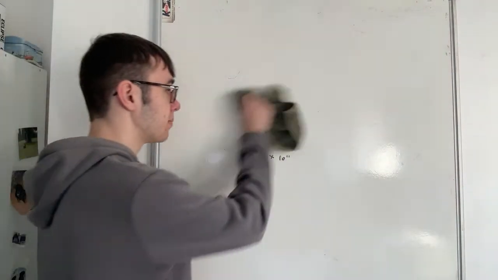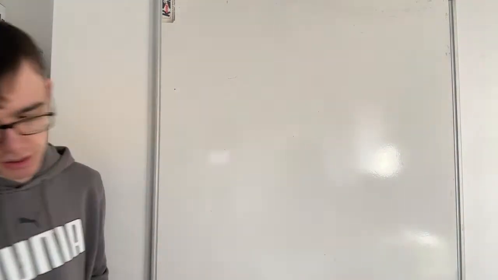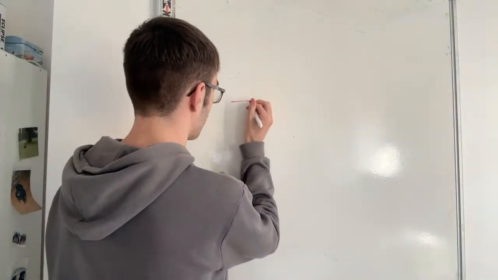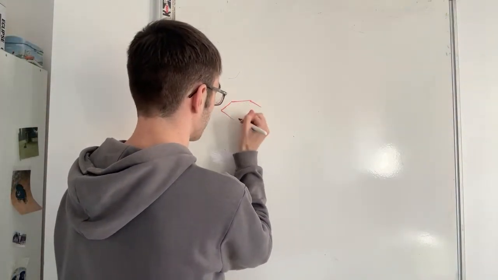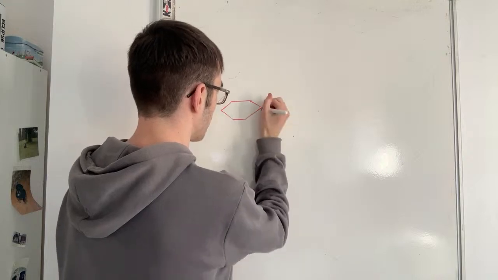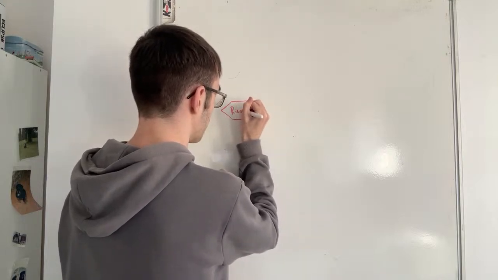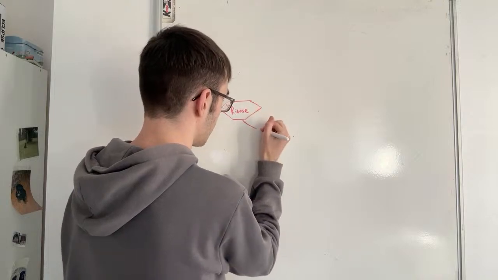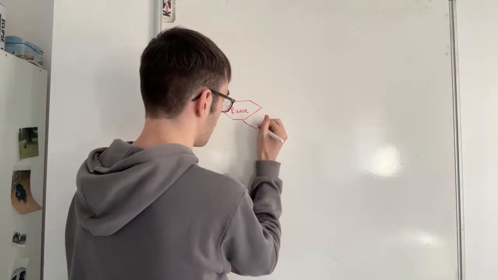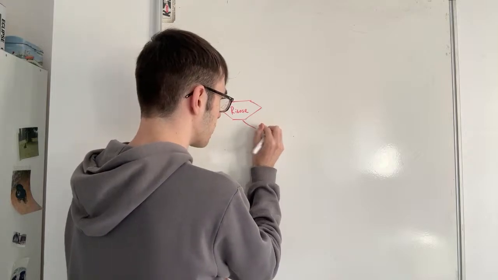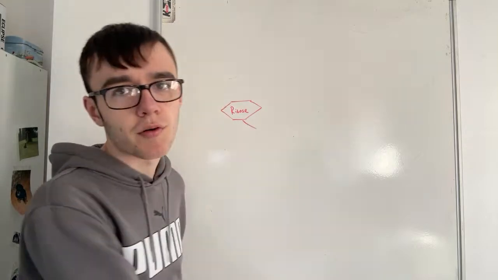Let's quickly do a little bit of a side talk about adenosine triphosphate, because I love ATP. It is one of my favorite biological molecules. We have our ribose sugar. It is a ribose sugar, right?